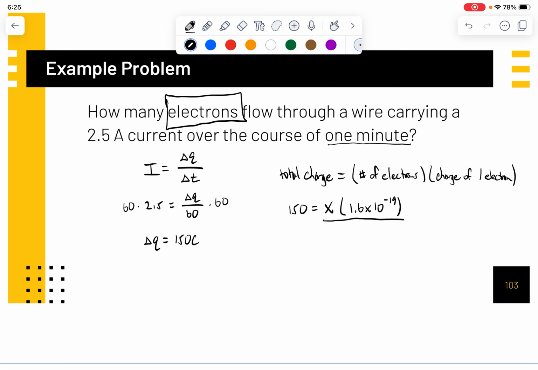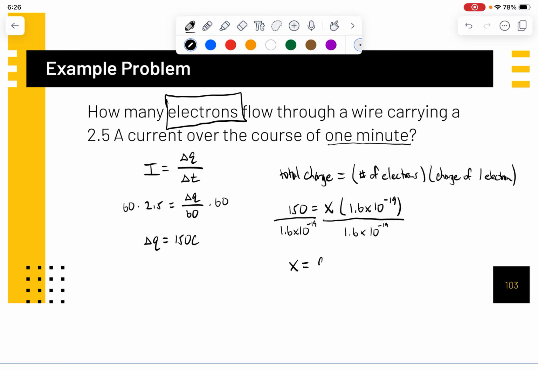We're just going to have to divide both sides by this 1.6 times 10 to the negative 19. And when we do that, that's going to give us a very large number of electrons.